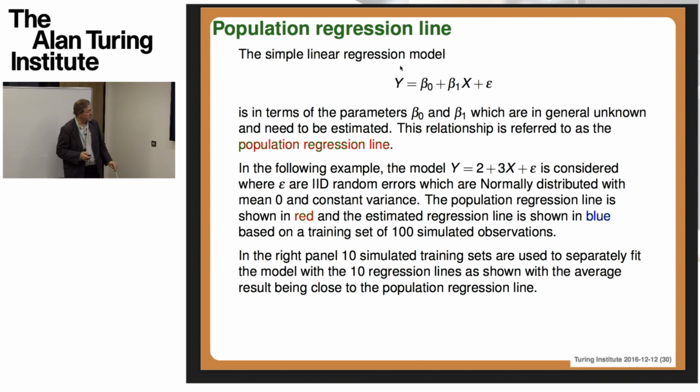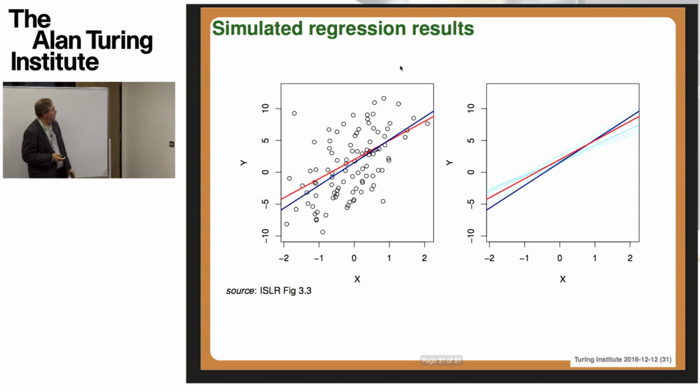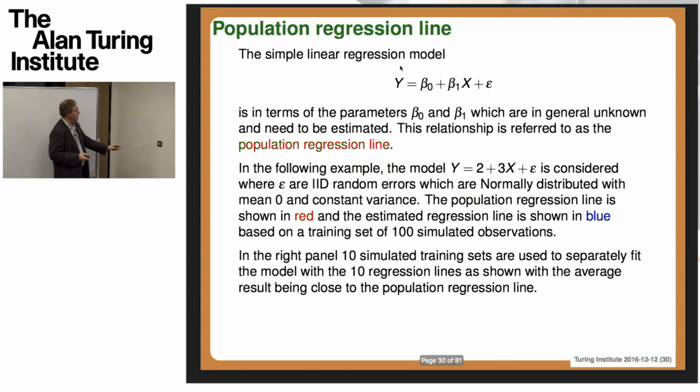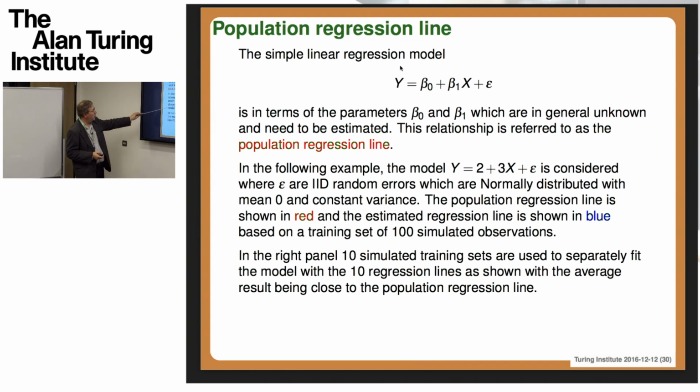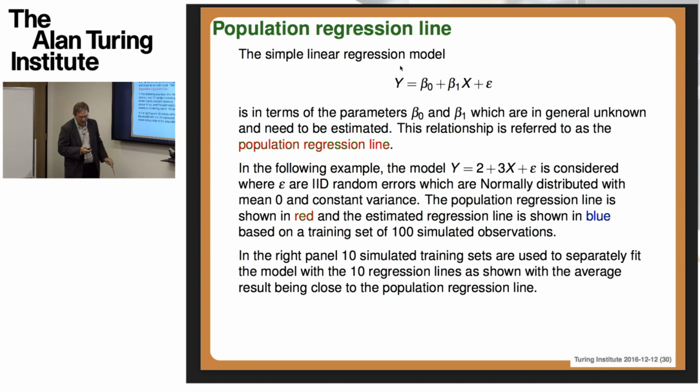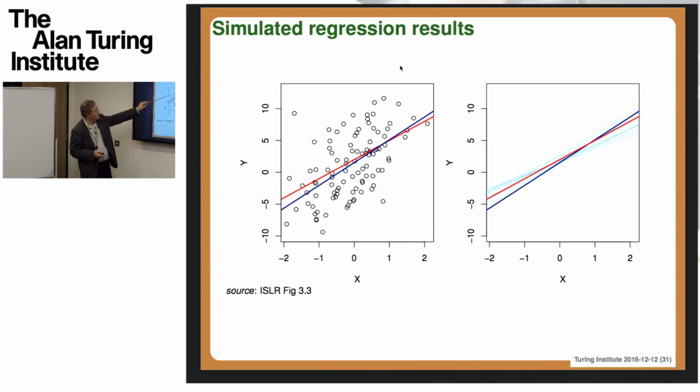Then in the next diagram, what's shown in red is the population regression line, that's to say with parameters 2 and 3. And what's shown in blue is what arrives after doing the R fitting. You obtain some beta 0 and beta 1, which are not exactly 2 and not exactly 3. They're just slightly perturbed from that. If you did this many times, you'd get different blue lines.